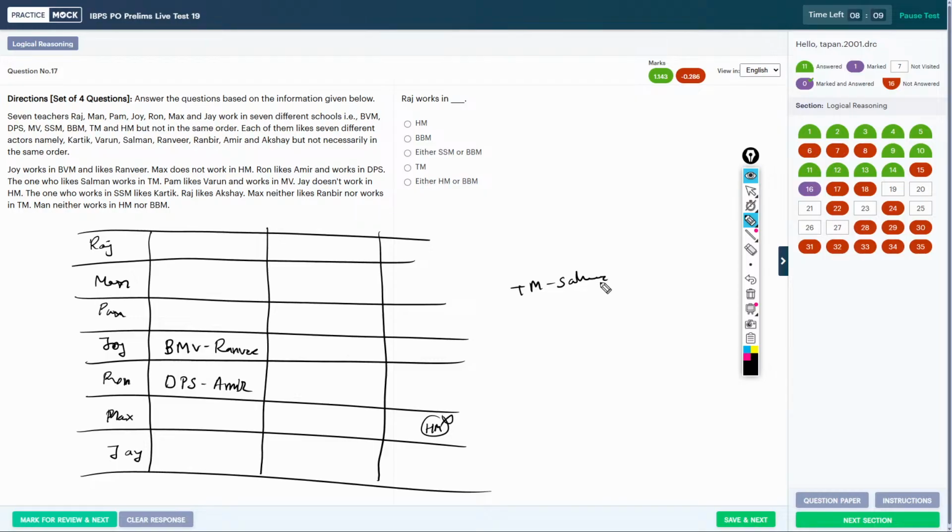TM, Salman. Pam, Varun, MV. Pam, MV and Varun. J, not in HM. Man, not HM. So this person is going to be HM. He is not also BM.